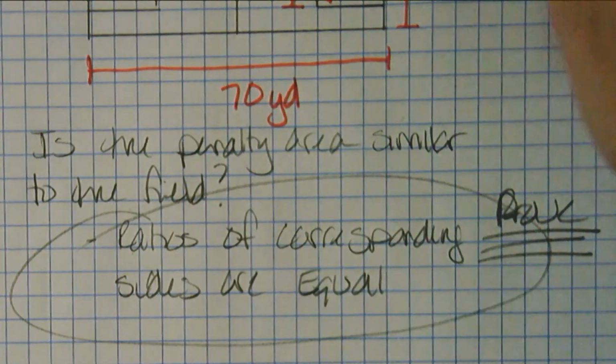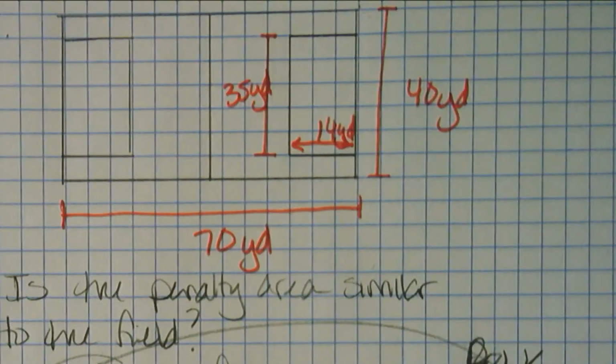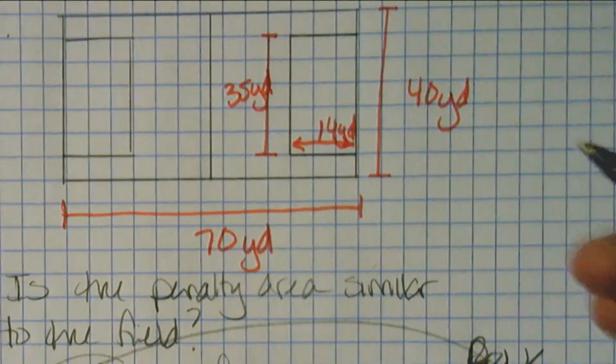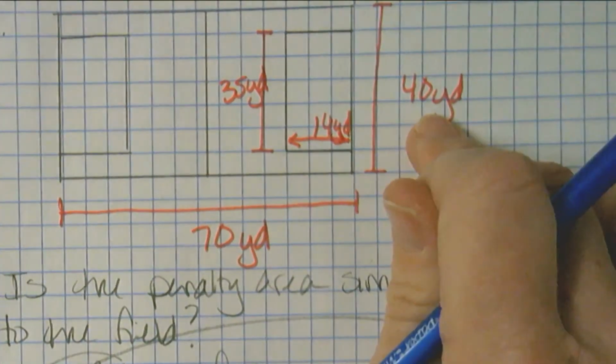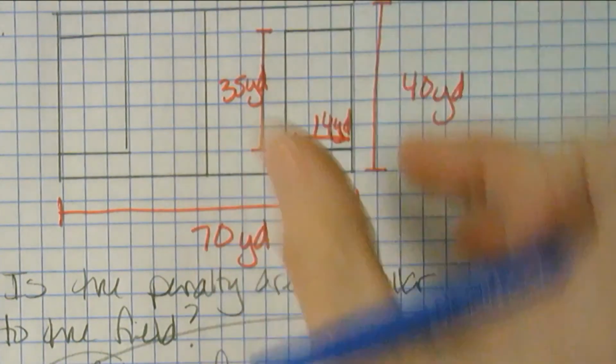Okay, I'm trying to think what the best way for us to do this is. So I'm going to draw arrows between my corresponding sides. How about, what would be the corresponding side going with my 40? Think about the orientation of my shapes.